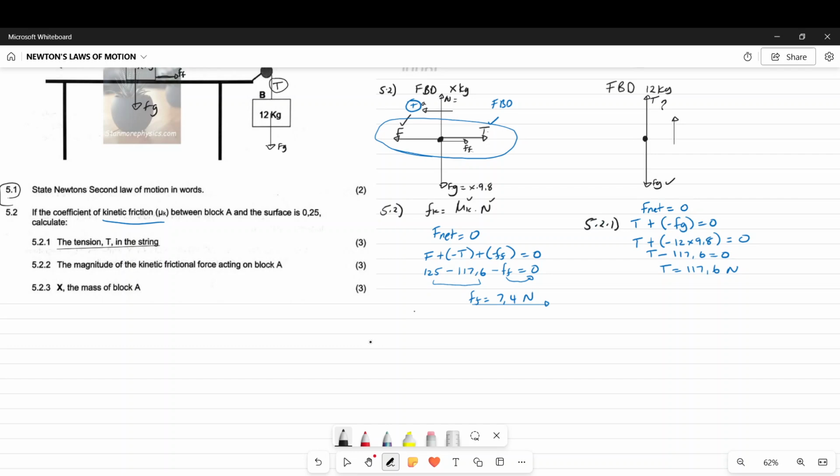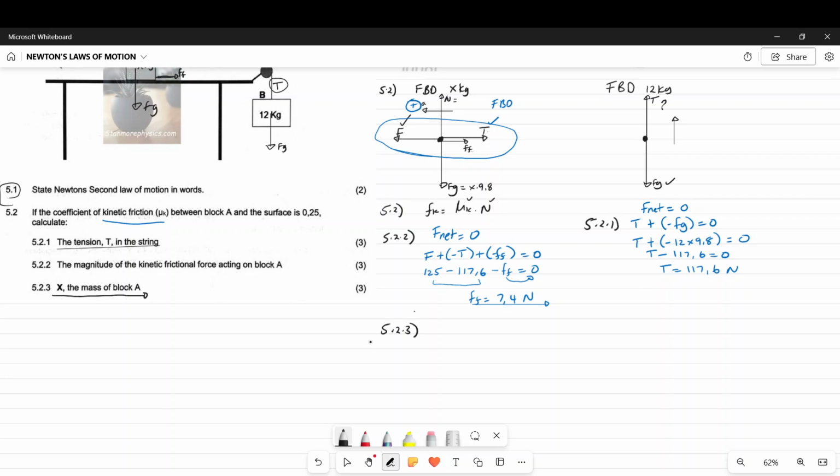And then this is 5.2.2, right? Okay, you can keep it like that. Right, also they broke it down. Okay, that's good. Now they said, now calculate the mass of block A. They want to know the mass of block A, right? So now that will be 5.2.3.